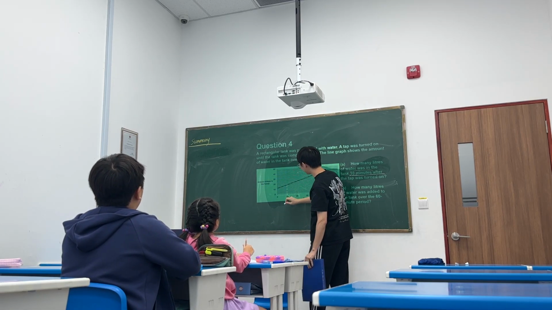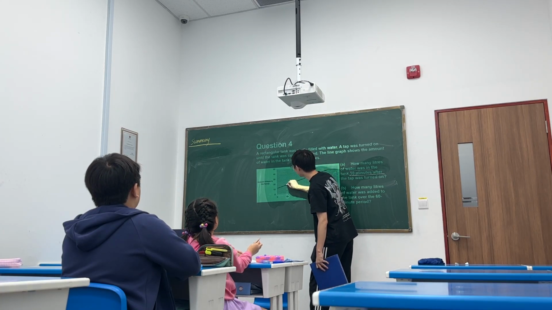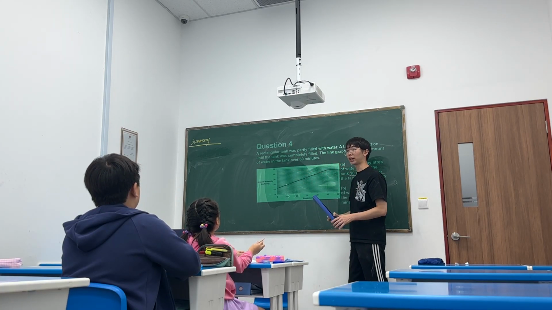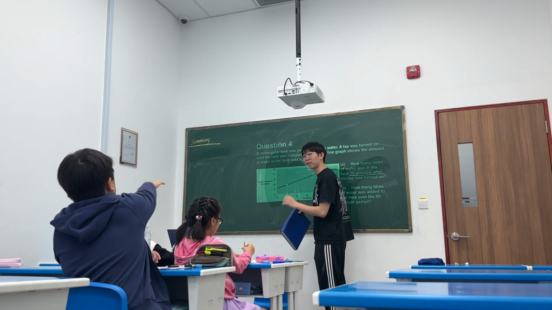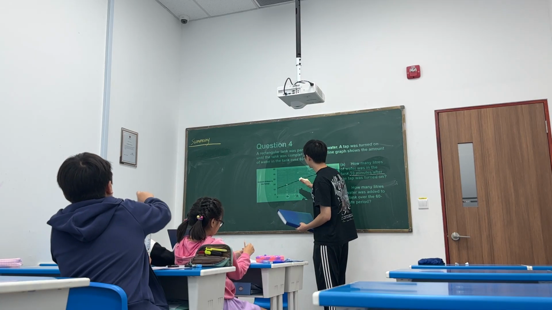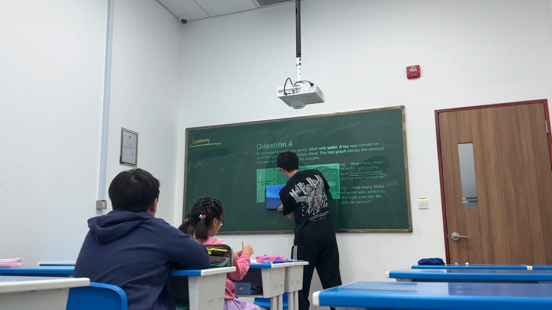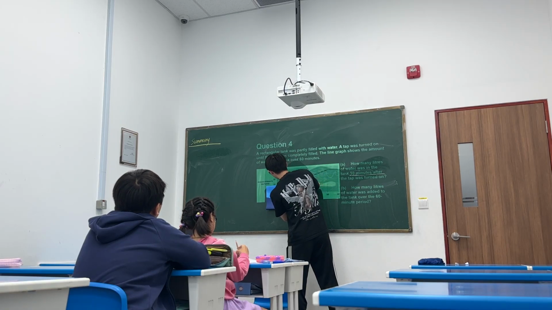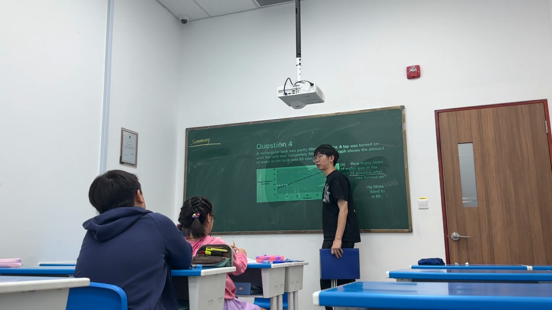So you'll see that in 10 minutes time, our amount of water is over here. Now what is this value? How do I check out this value? Yeah, we draw a horizontal line to the left, until you meet the vertical line here.